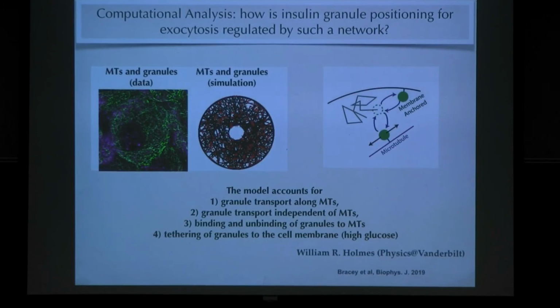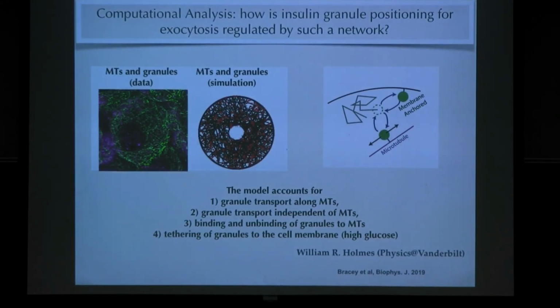So the model involved generation of this in silico cell, which has microtubules being generated inside of the cell, and those which reach the membrane turn and curve around it, forming this bundle. And the insulin granules are distributed randomly throughout the cytoplasm, which is a starting point in a steady-state beta cell.